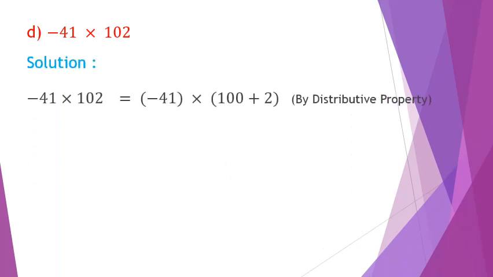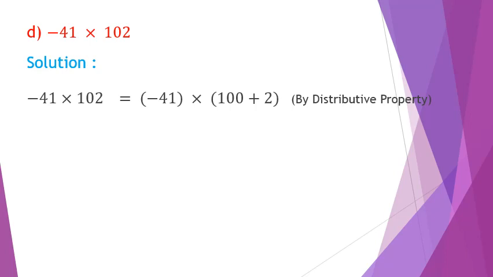Next is minus 41 multiplied by 102. Here we can use the distributive property. We split 102 as 100 plus 2. So minus 41 into 102 can be written as minus 41 multiplied by (100 plus 2).